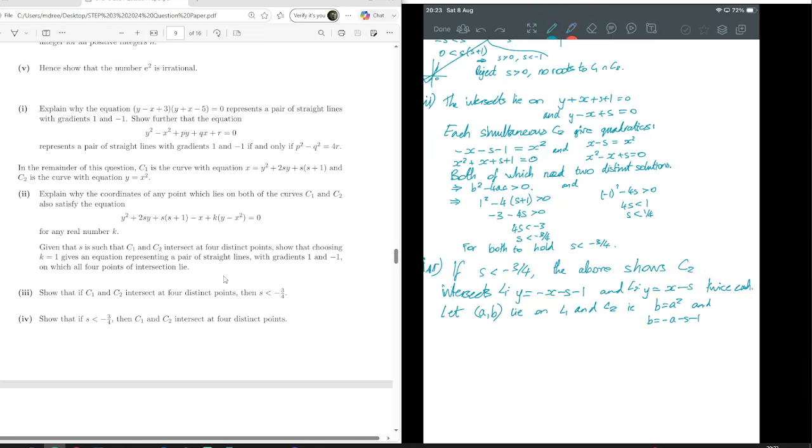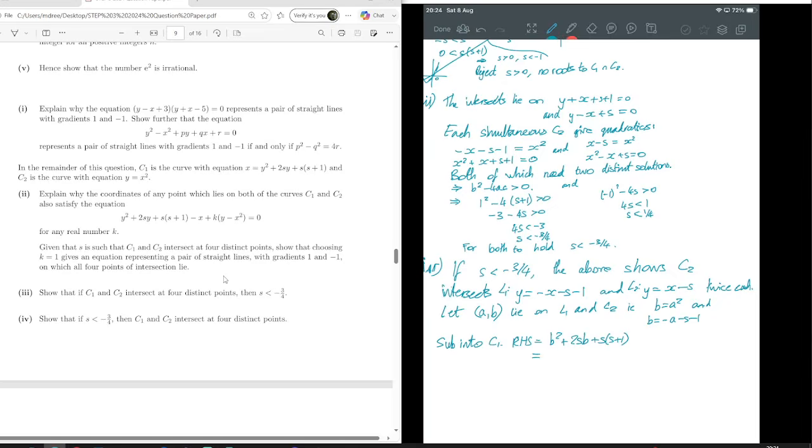Again, there might be better ways to tackle this. So let's sub into C1. And I want to be careful because I don't want to assume the answer. So I'm going to start with the right-hand side of C1, which is b squared plus 2sb plus s plus 1. And I'd quite like for this to simplify down to just x, which in this case is a.